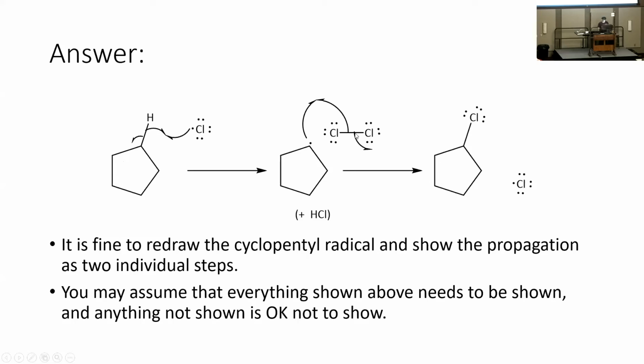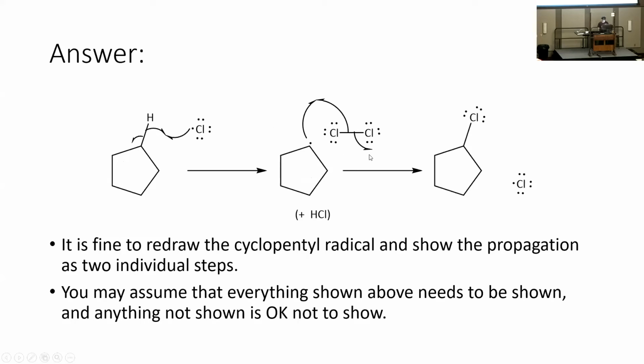That's how you know which one to take. And these two come together to form a bond. Oh yeah, there's your HCl that we just made. And the other electron that used to be in the carbon-hydrogen bond goes onto the carbon and makes an alkyl radical or a carbon radical.